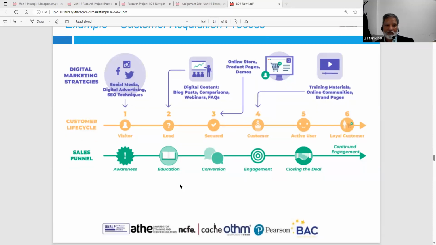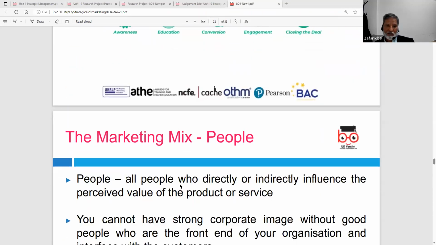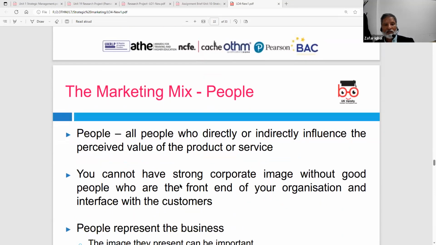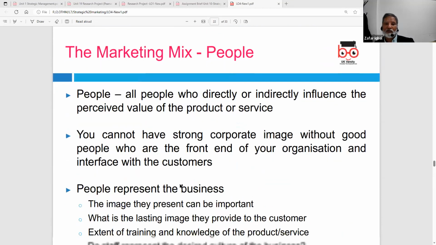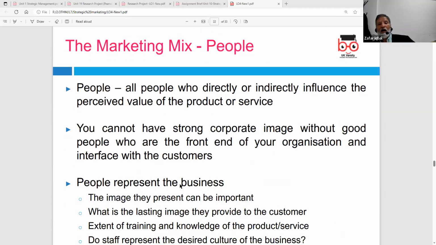So this can be utilized, and there are other things we can use when we are talking about the processes of the marketing mix. When we are looking at people, these are the personnel who directly or indirectly influence the perceived value of the product or service. These are the people involved in creating all these processes, producing goods and services, creating value of the product or service in some way or another.